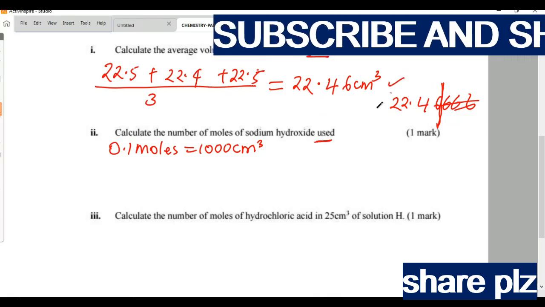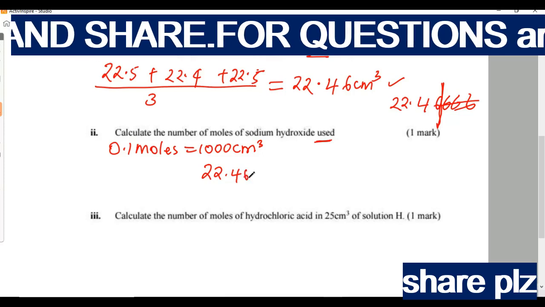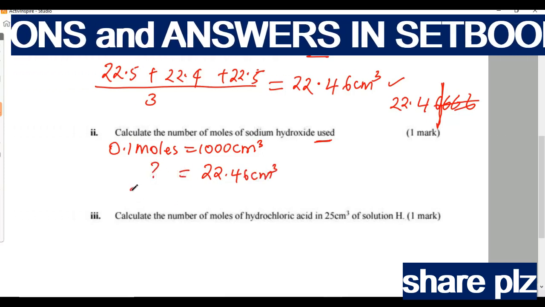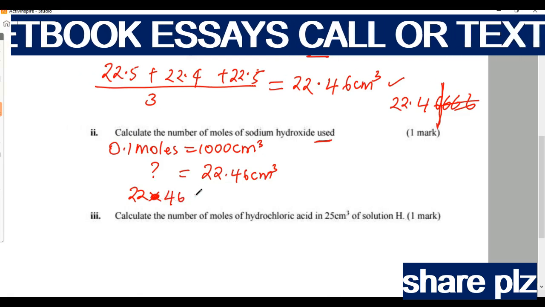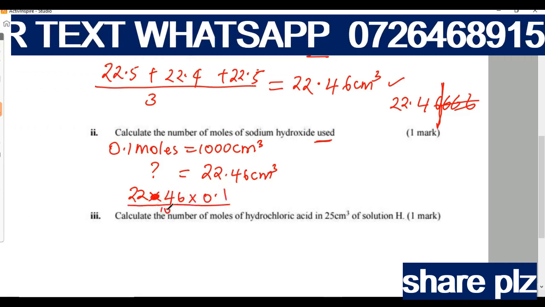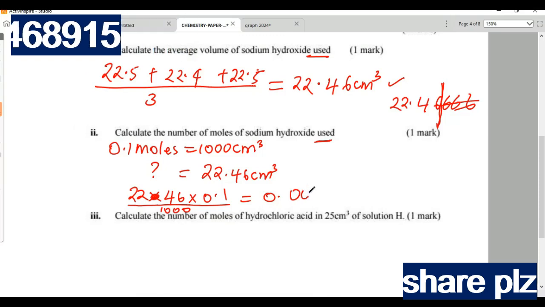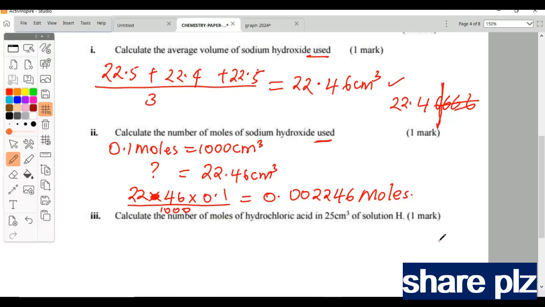So we will ask: 22.46 cm³ will be how many moles? 22.46 times 0.1 divided by 1,000. This will give us 0.002246 moles. That will be the number of moles of sodium hydroxide used.